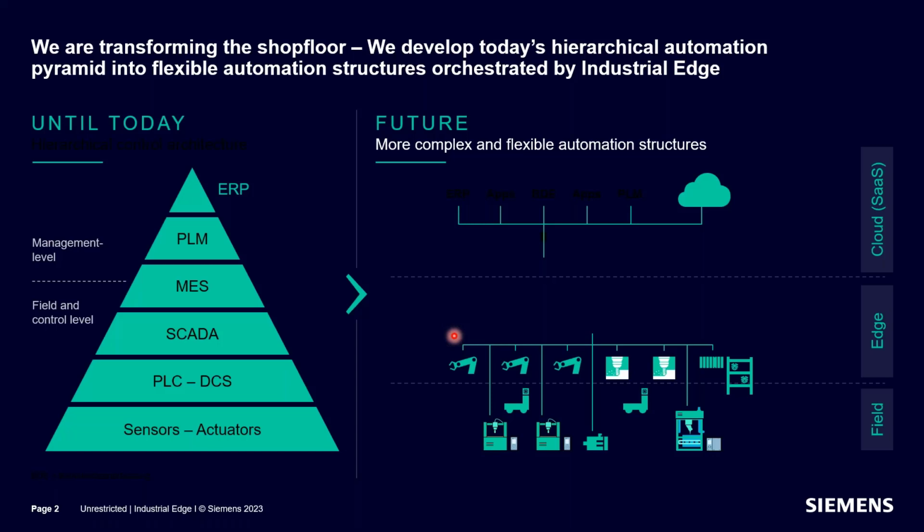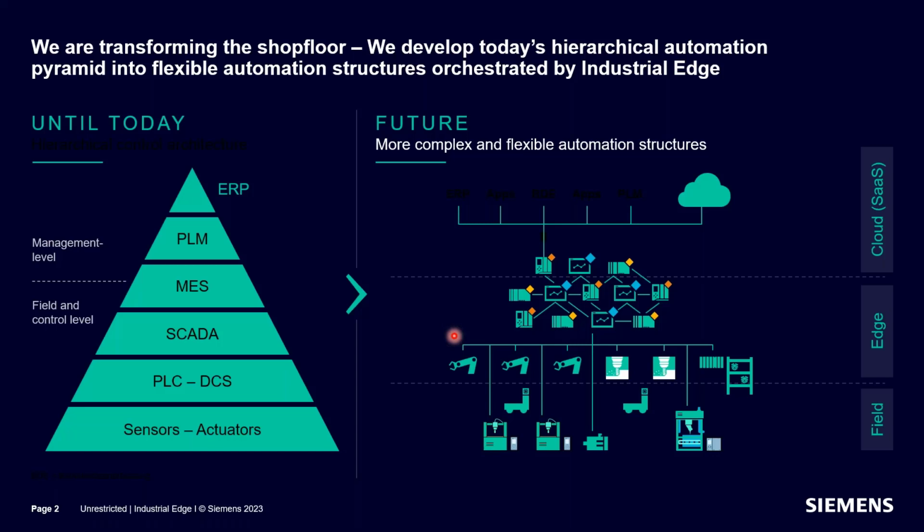So at least, we could see that the automation structure changed to a bit more complex and flexible structure. And that is why we believe that the structure has a lot of benefits, but it also needs to be managed in some way. And for us, it's exactly the edge layer where it's going to be managed.